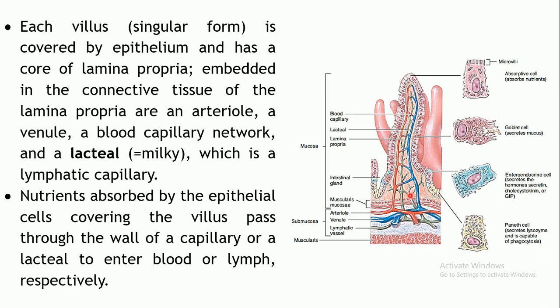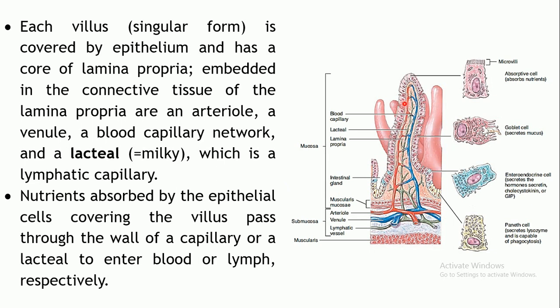So the lamina propria of your mucosa will extend into the villi, and it is lined by an outer layer of epithelium. This lamina propria, as we have seen, comprises areolar connective tissue, right? Connective tissue is present in this lamina propria.